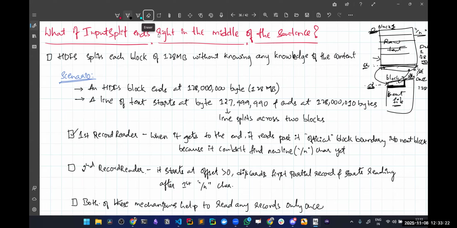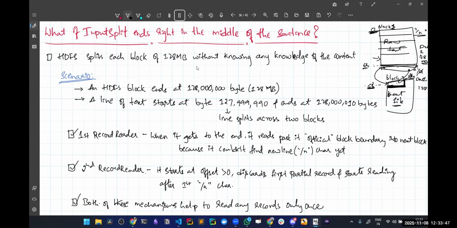This is how it works when we have a record split across multiple blocks. Any doubts here? This is a very interesting edge case if you think about it. It can happen with a text file that exceeds 128 MB.